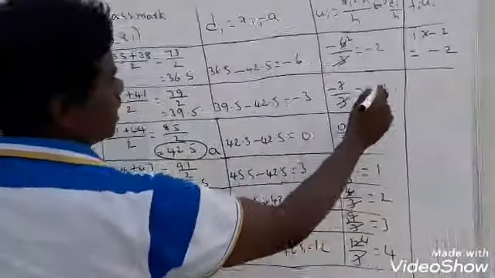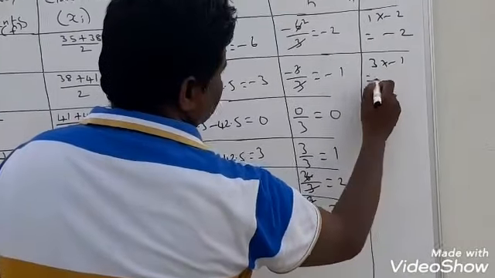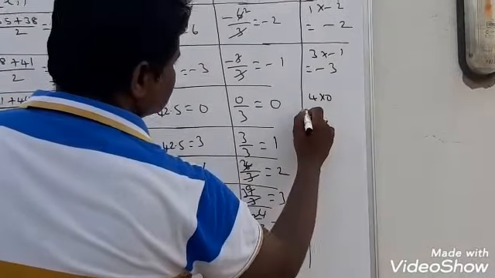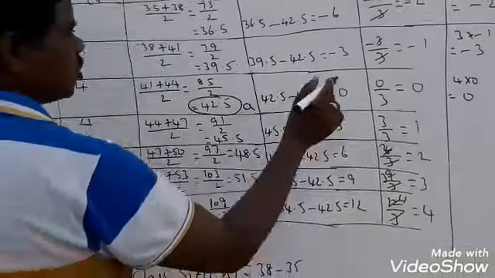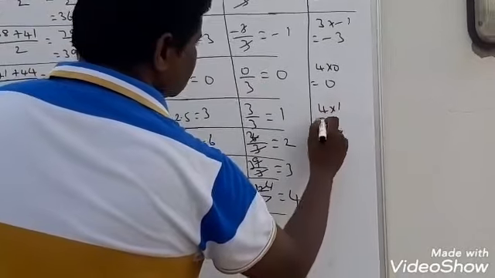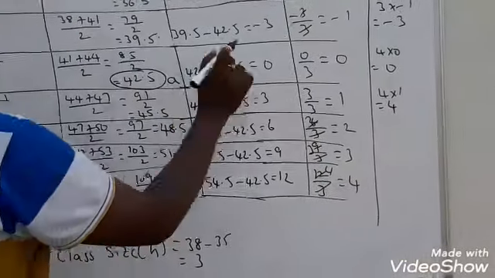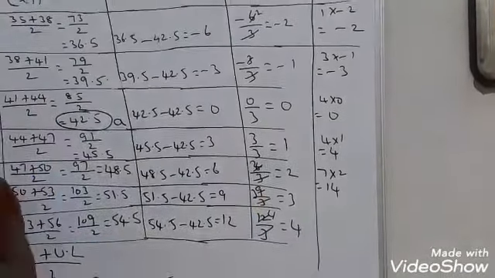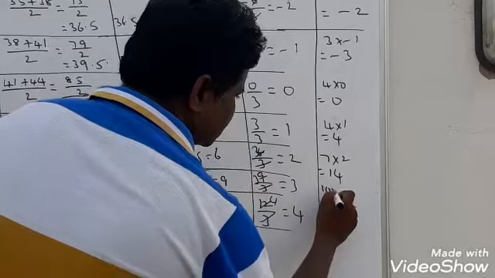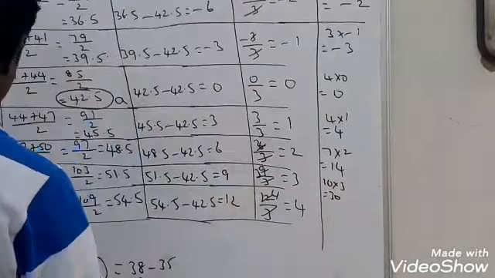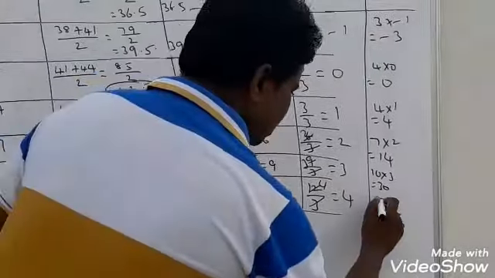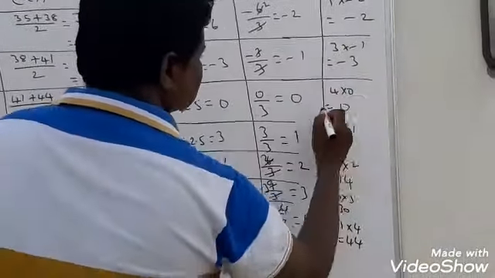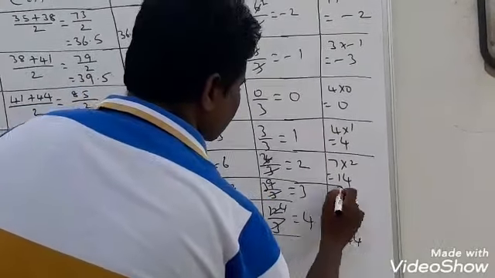Next 3 into minus 1, that is minus 3. 4 into 0 is 0. 4 into 1 equal to 4. 7 into 2 equal to 14. 10 into 3 equal to 30. 11 into 4 equal to 44. So these are the fi ui values.